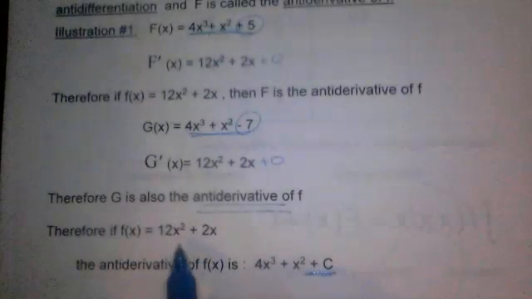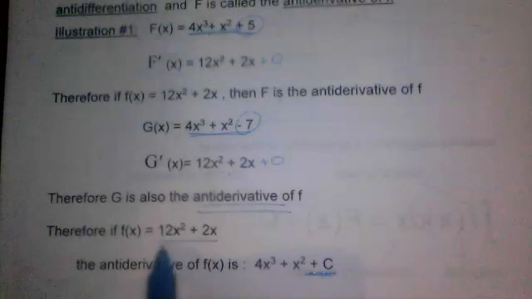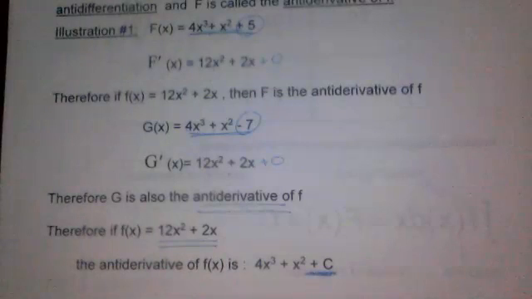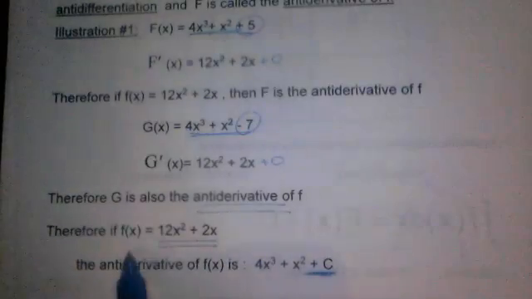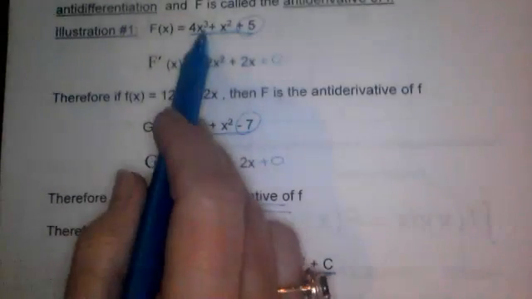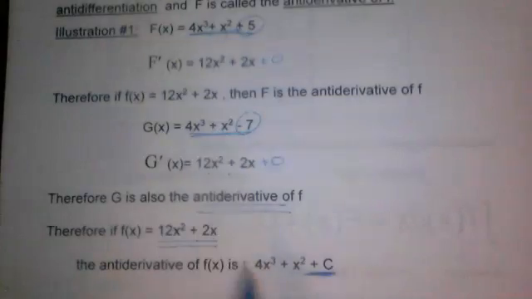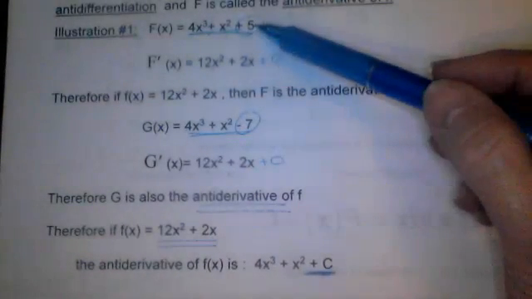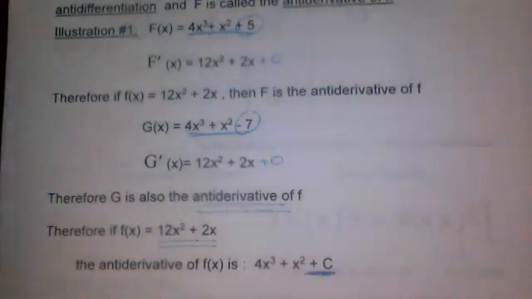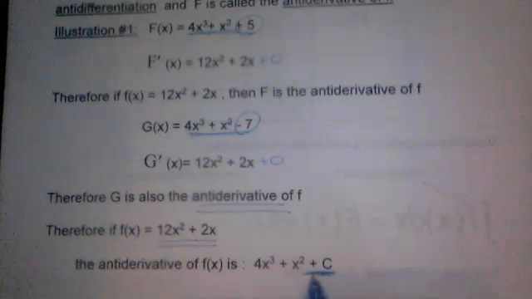So if this is now what I'm considering my function, and I want to take the antiderivative of that, then I would go back to what this was originally, here and here, but I would have to add a plus c on the end because I have no idea if it was a 5 or a 7 or a 10. We have no idea.